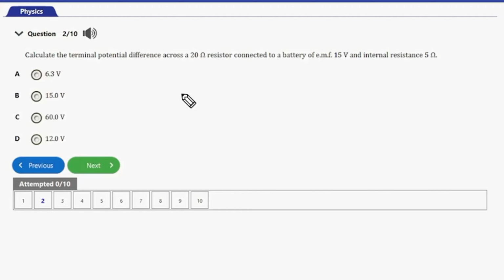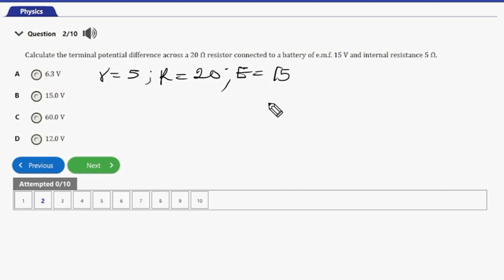We are given the internal resistance r to be 5, and the resistance R here is 20 ohms, and the EMF of this cell is 15 volts, and we are looking for the potential difference.